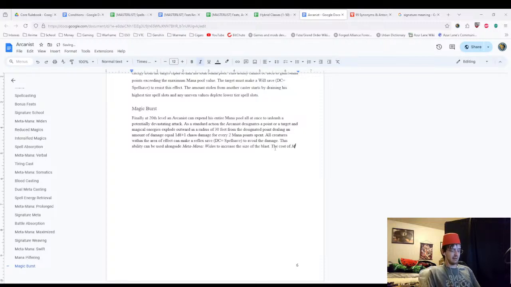The cost of Meta Mana Widen in this case is 5 mana points. Meta Mana Widen cost can be reduced if Mana Widen was chosen.